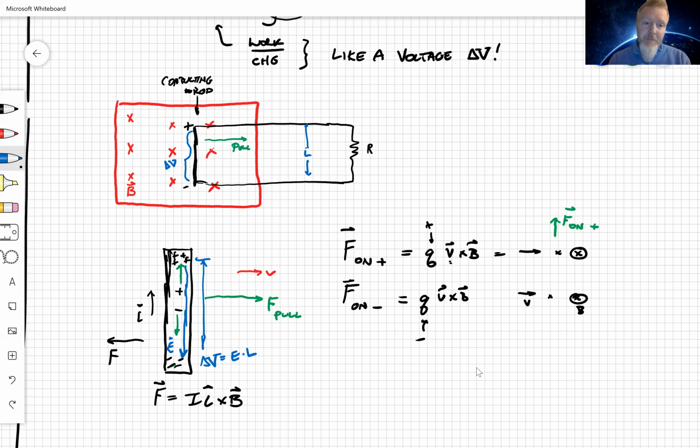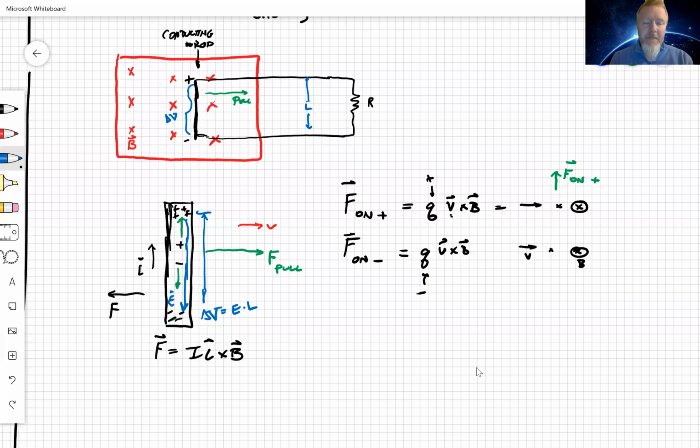So the electric field gets established based on the speed I'm pulling it, and the crossed fields E is going to be equal to vB, because the forces are going to balance.